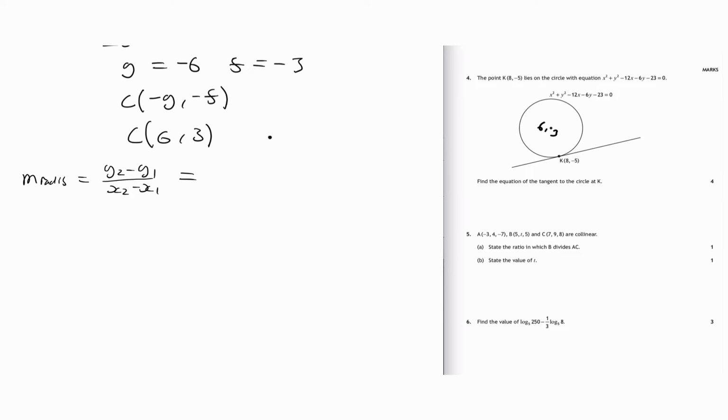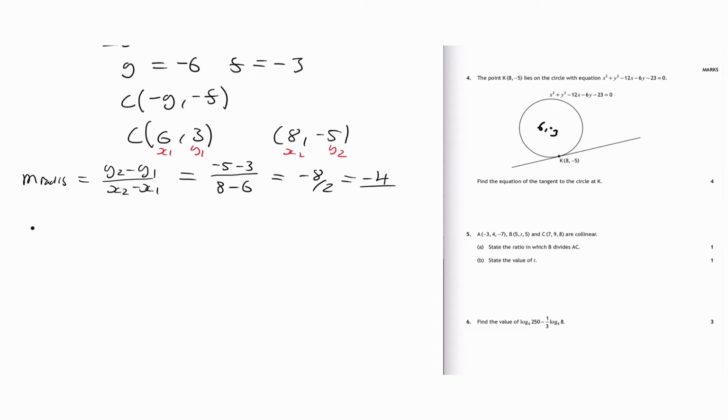So our points are 6, 3 and 8, minus 5. So x1, y1, x2, y2. So we have minus 5 minus 3 all over 8 minus 6, which is equal to minus 8 over 2, which is equal to minus 4.